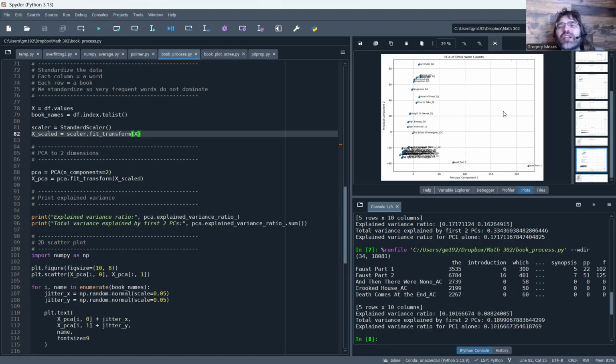And what I inadvertently demonstrated, but it's important to know, is that the PCA is generated by the data. So when you add new data, the PCA changes. In this particular case, adding new data brought Faust Part 1 and Part 2 closer together in the second component. It's not a guarantee that something like that will happen, though.